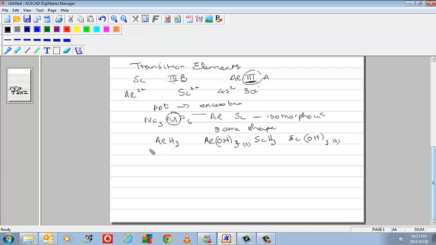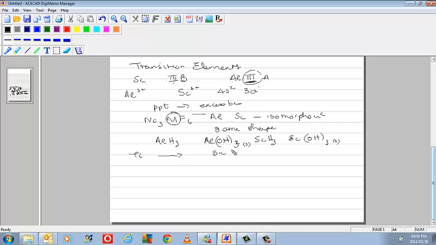Now, we should look at titanium, and titanium is in group 4, or otherwise known as group 14, and it has a lot of comparison with another metal in group 4A, and that is tin. So we can say titanium and tin are very similar.